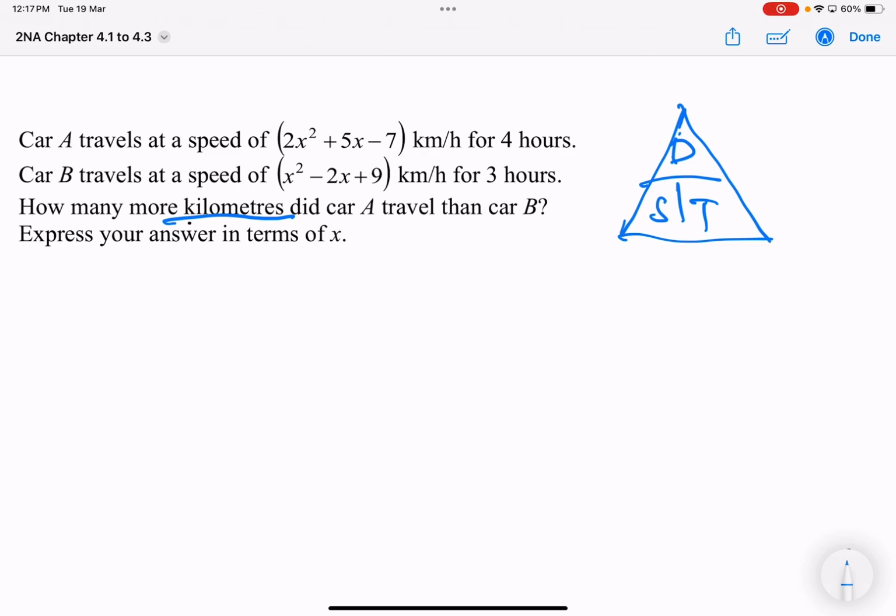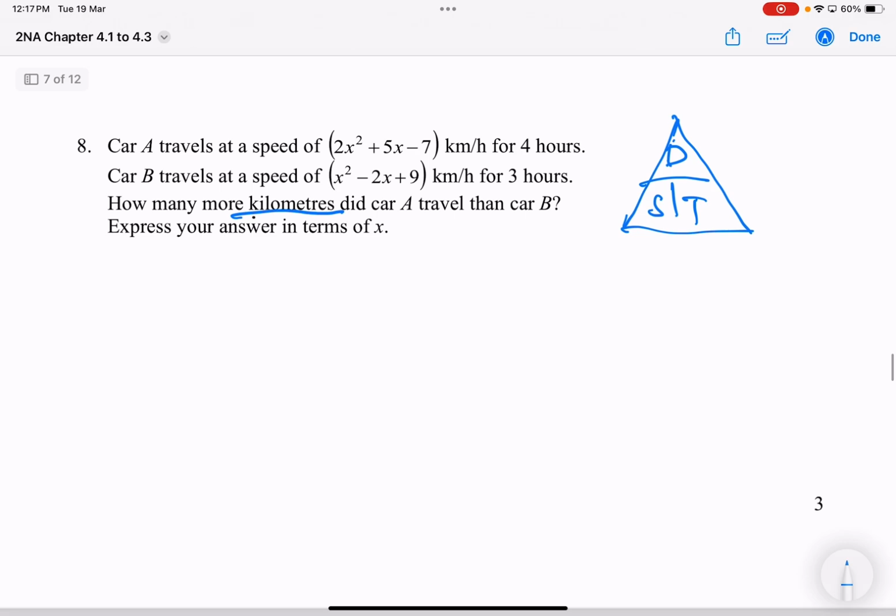After you draw the triangle, you ask yourself, what is this question trying to ask us to find? Kilometers. Is it a speed, a time, or a distance? Distance. So the question wants us to find the distance traveled. So how are we going to find the distance traveled?